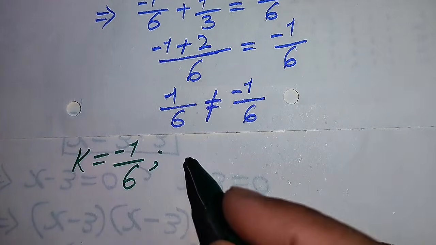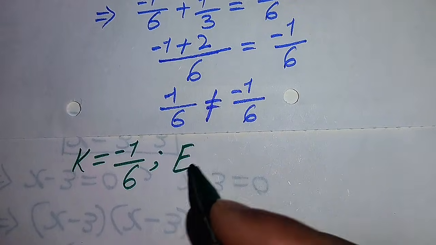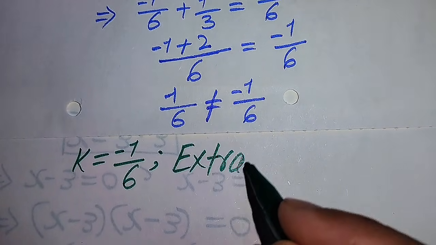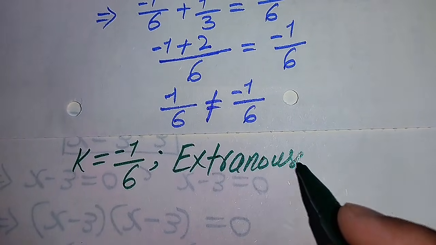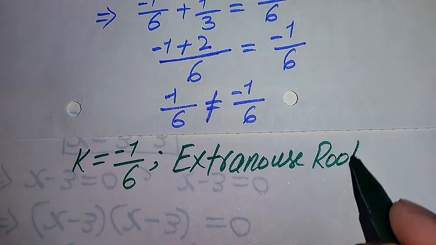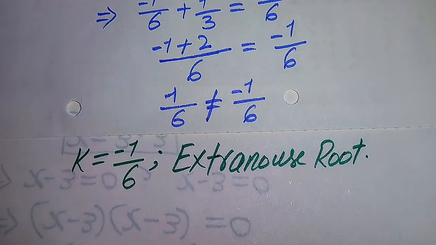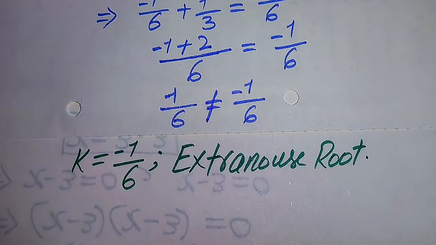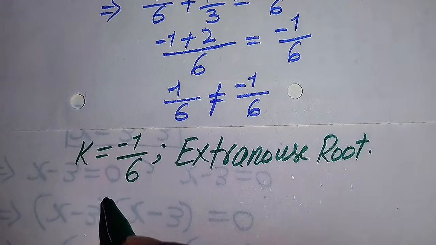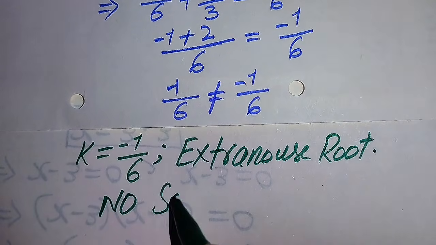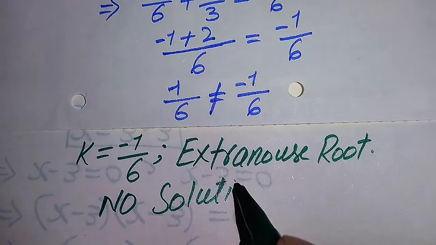So we call k equal to minus 1 over 6 the extraneous root of the given equation. Here you see that we cannot get any value of k which satisfies our given question statement. So this finally concludes that this question has no solution.